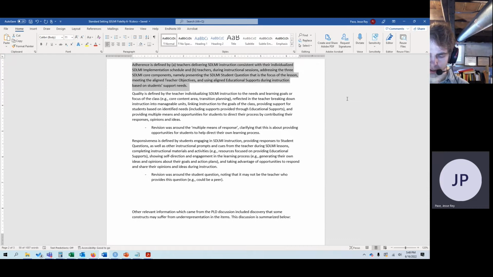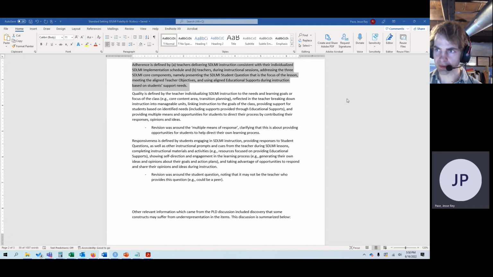The performance level descriptor here, as was intended, helps paint the picture of what a person who is above the minimal passing score on the adherence component of the fidelity measure is to look like, how we might describe them. Now, when the people who helped write these performance level descriptors came up with them, they were imagining the minimally sufficient implementer.